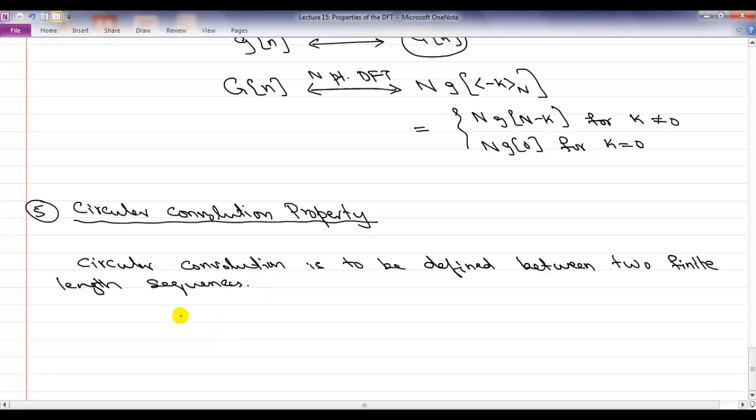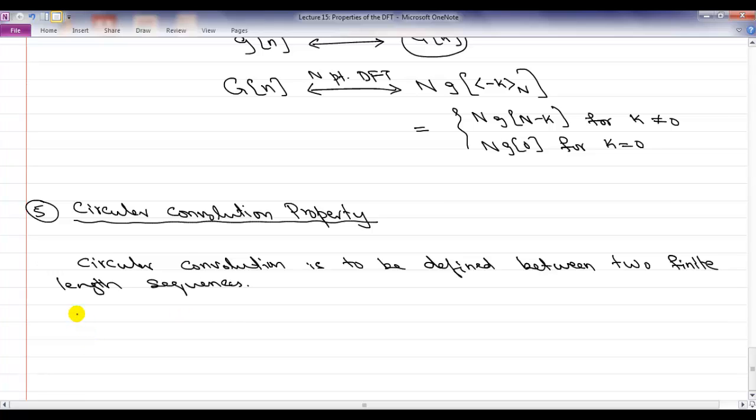And just like the DFT, you need some number to define circular convolution. So again, linear convolution, you can just say two sequences, compute linear convolution. For circular convolution, I need to say what is the length of the circular convolution.